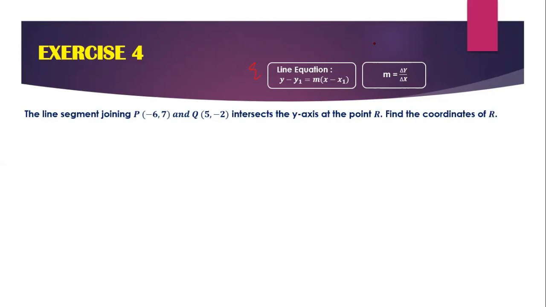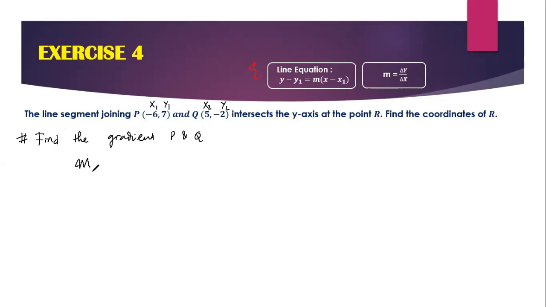So what should we do first? The first is to find the gradient. Find the gradient connecting P and Q, right? So here is x1, y1, here x2, y2, right?